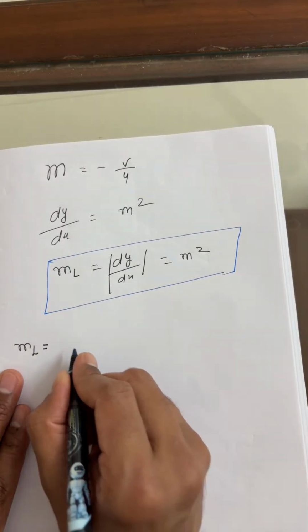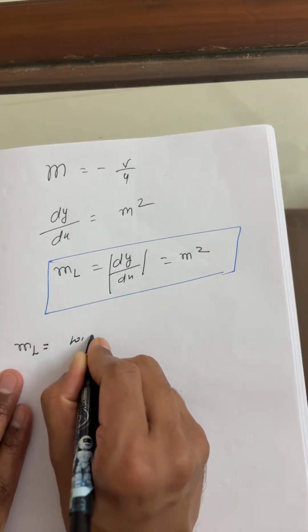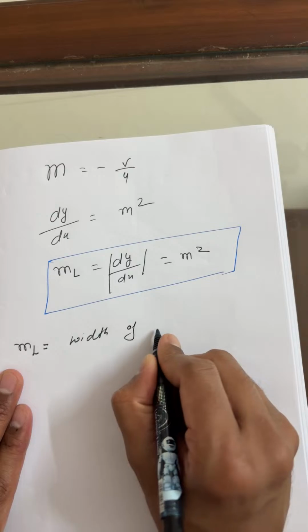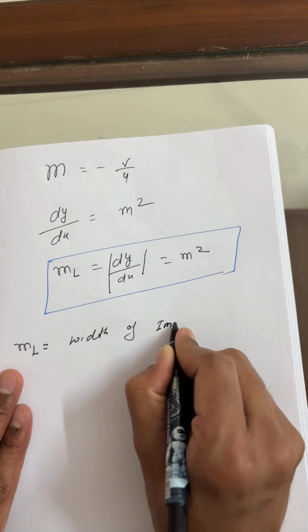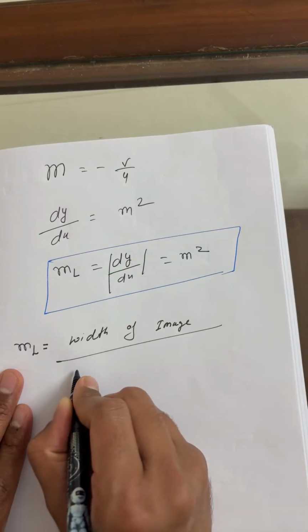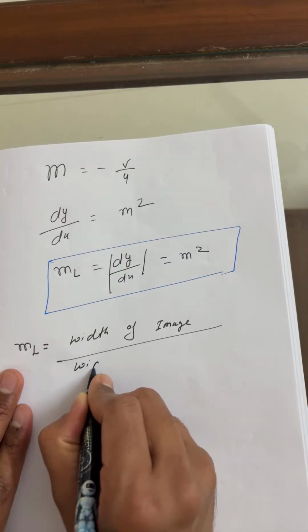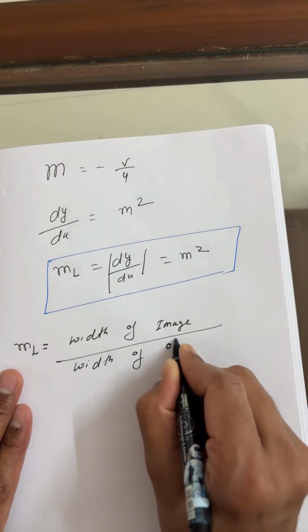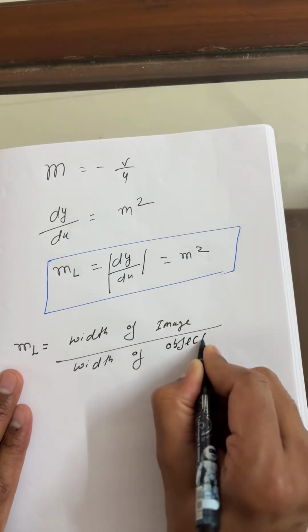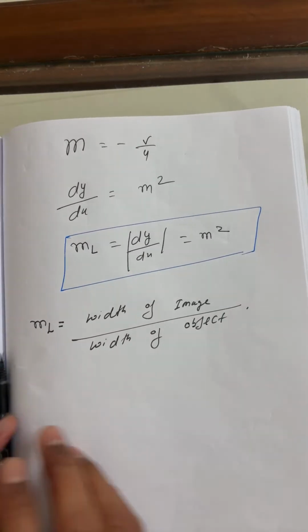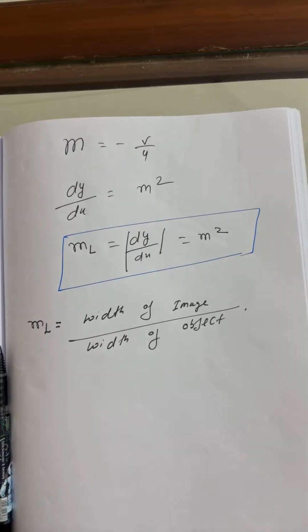So this is the width of image upon the width of object. By this way, we can remember this thing here.